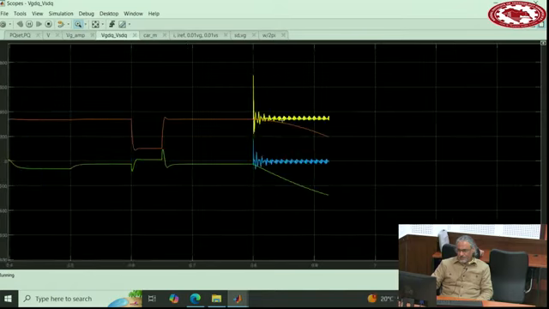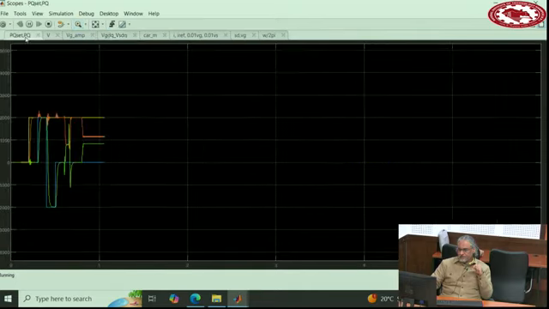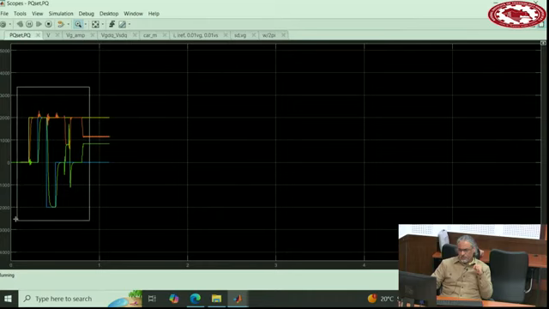So these remain the same, even though they become noisy because the grid is no longer there. But the grid voltage, from the perspective of the inverter, will keep going off. These are the set points that, during the grid connected region, they follow.